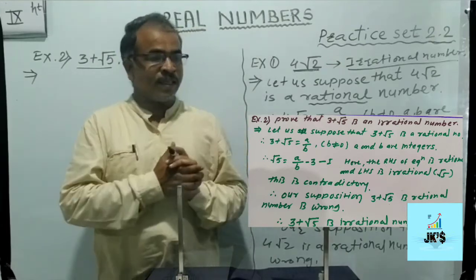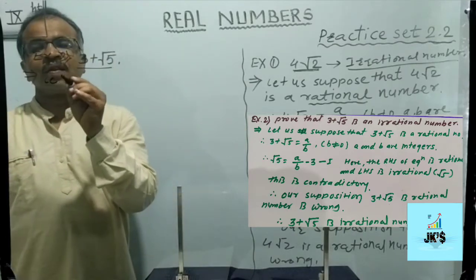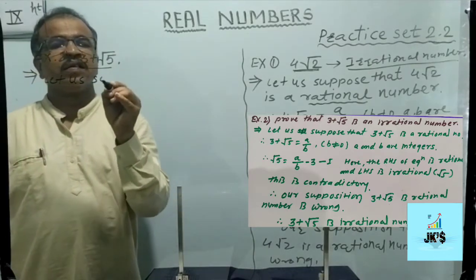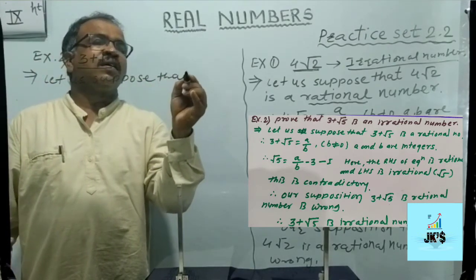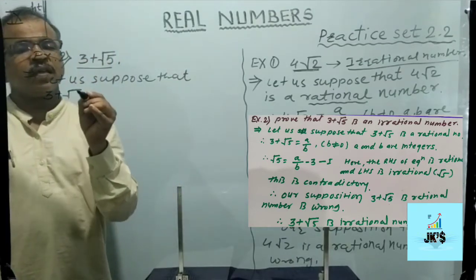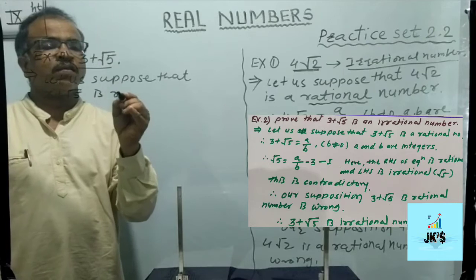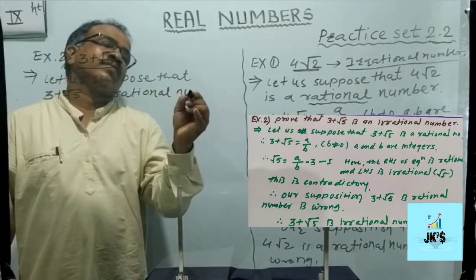The steps are same. Let us suppose that 3 plus root 5 is a rational number.